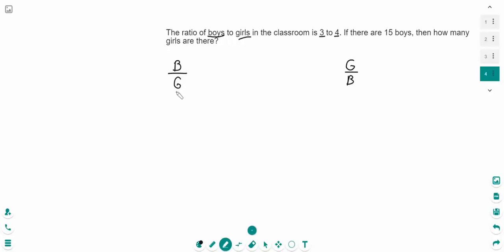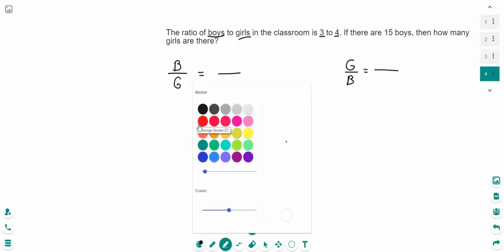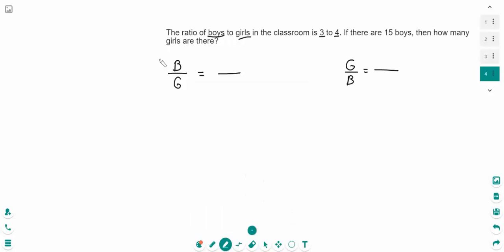Now, because we're working on setting up a proportion, that means we need an equal sign and we need another fraction on this side. This is where we have to be very careful. This is where we have to recognize that this side here, we'll call the ratio side.